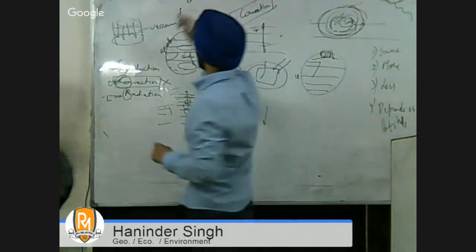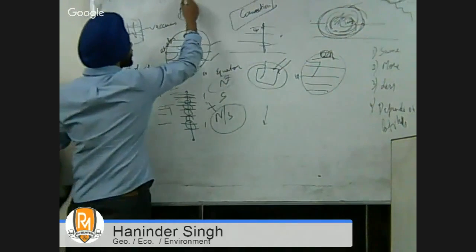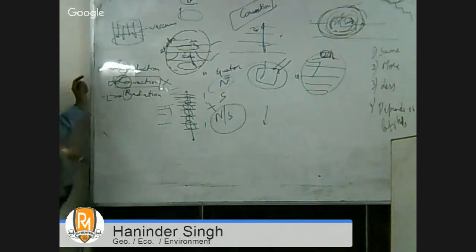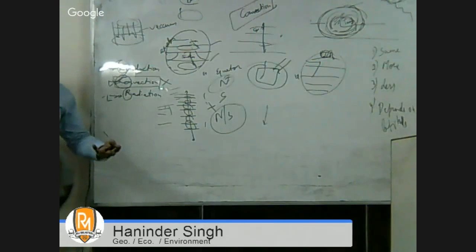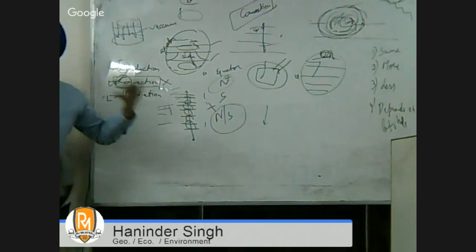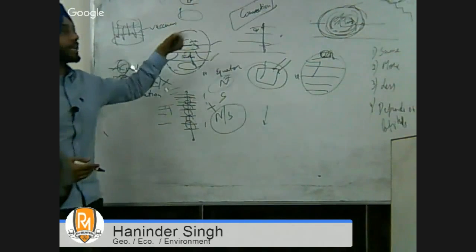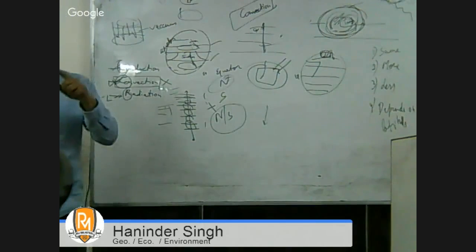It does not mean that if sunlight is a source of energy it is also the source of radiation; earth can also be a source of radiation, terrestrial radiation. That's why earth gets heated up, that's why global greenhouse warming is there.